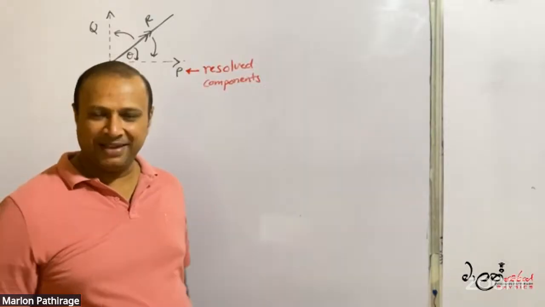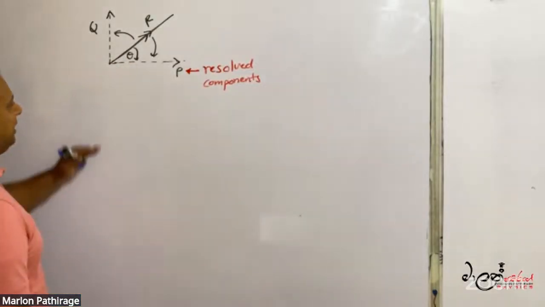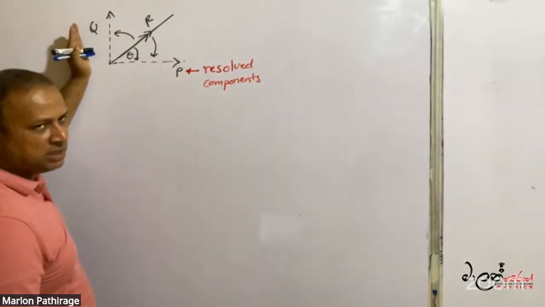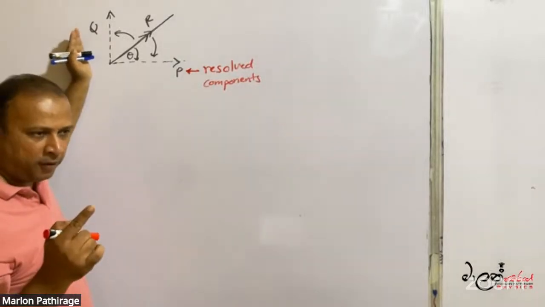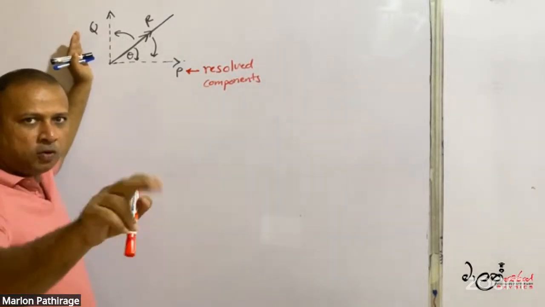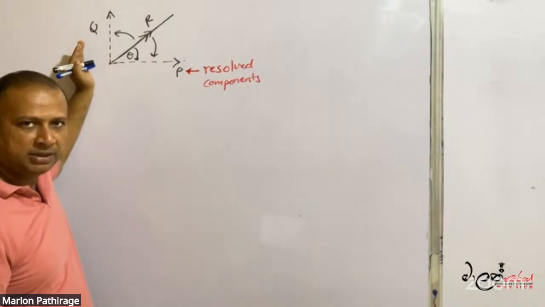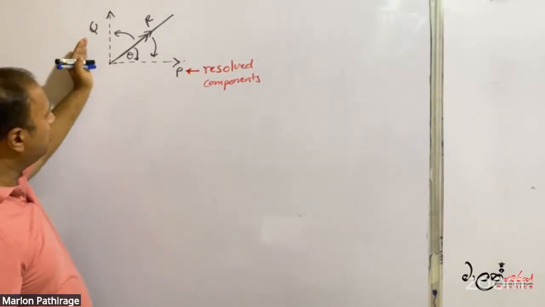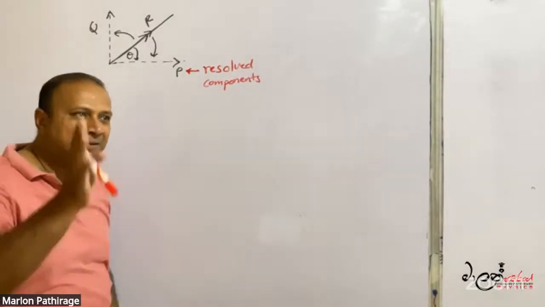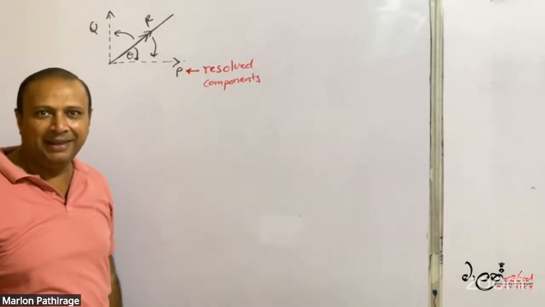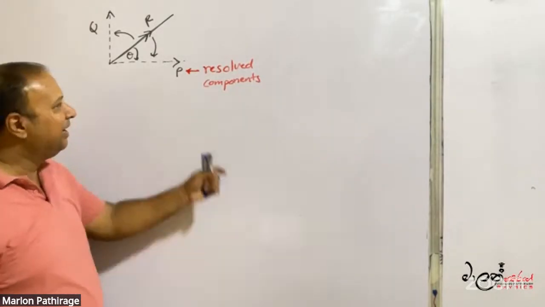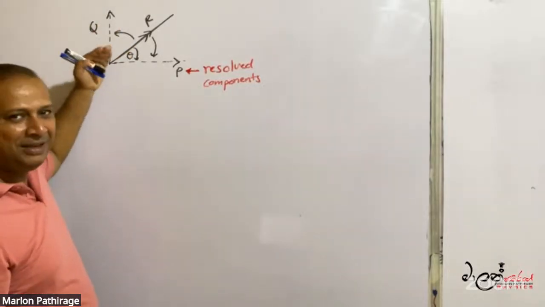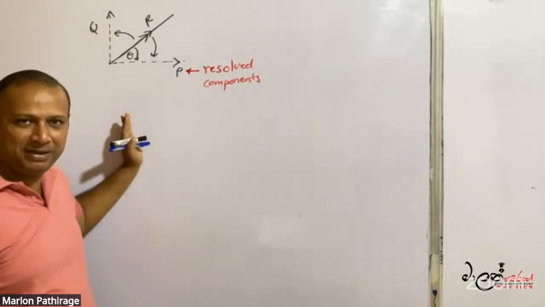If you resolve a vector into two perpendicular components, definitely there are two components. Therefore, you cannot resolve a vector into a single direction. That is wrong. A vector is equal to two perpendicular vectors.